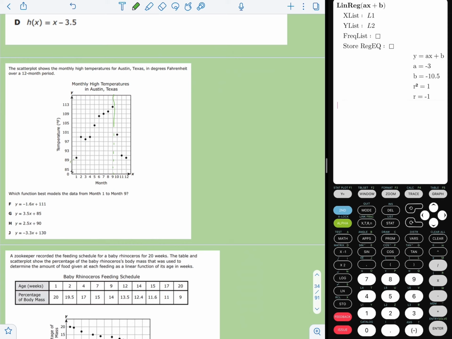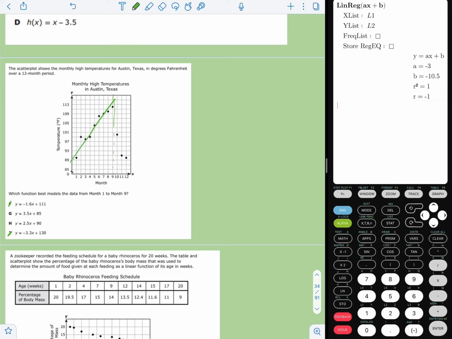If we start here, we're drawing a line through the middle of our data. The question says, which function best models the data? One thing's for sure, this line is increasing from month 1 to month 9. So anything with a negative slope, we want to eliminate. So that's F and J.